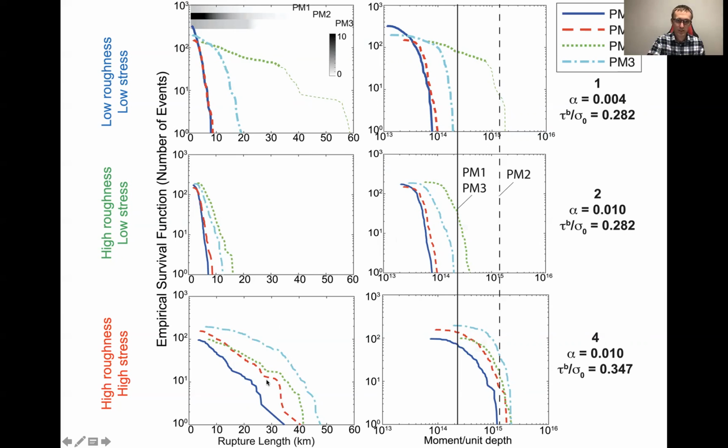And in high stress cases, they don't care about the pore pressure. They are very large ruptures and even in some cases rupture the whole fault. At low stress values, the ruptures tend to be small, although at low stress and low roughness, with a very strong pore pressure perturbation, ruptures can actually exceed the pressurized zone even at very low stress values.